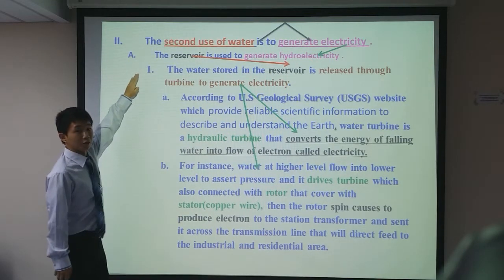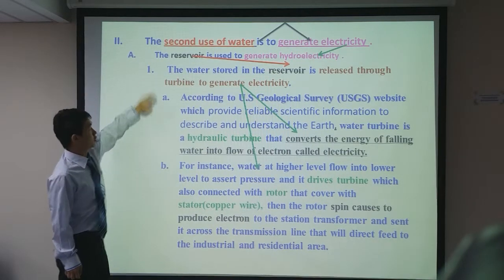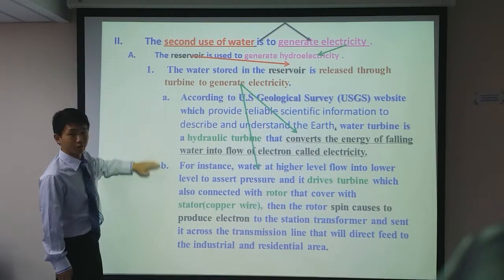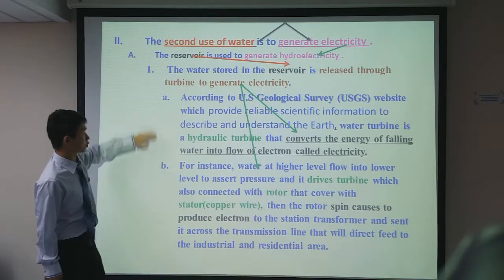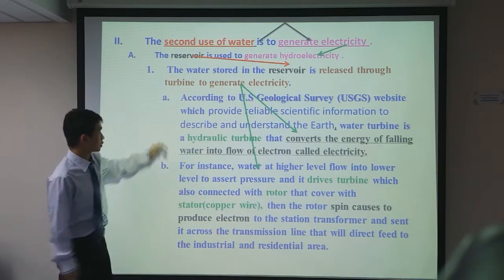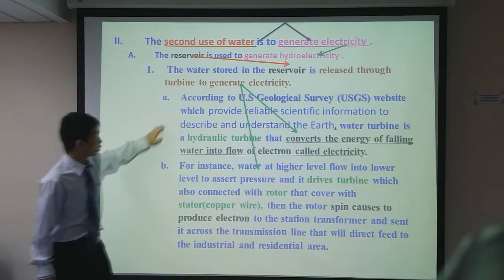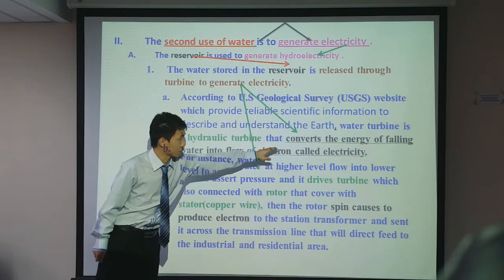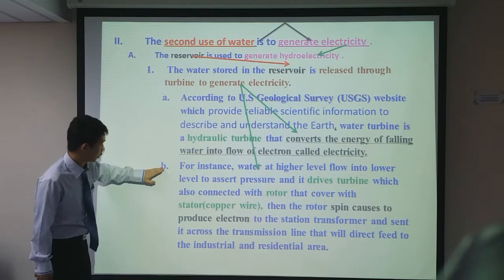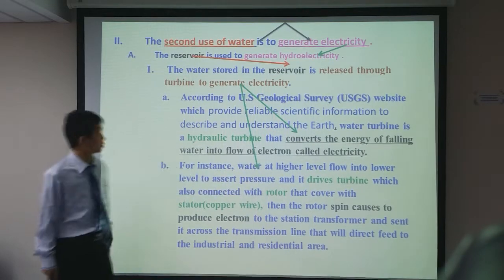So at the same time, this number 1 can act as a topic sentence which has two supporting sentences, A and B. These two supporting sentences come from reliable sources, the U.S. Geological Survey website, where A states how the hydro turbine functions by converting the energy of falling water into a flow of electrons called electricity, and B is how the hydraulic turbine works.